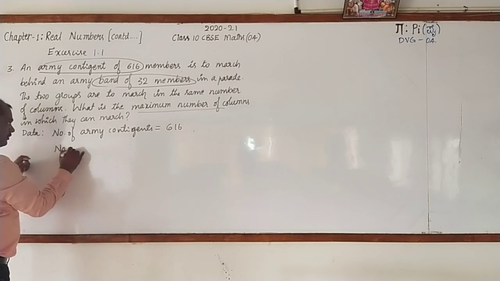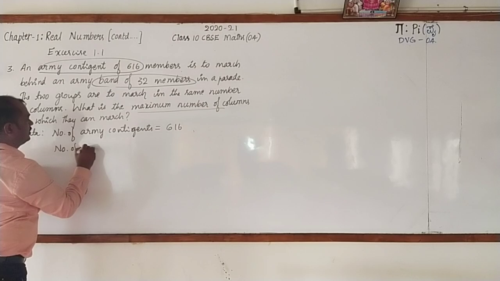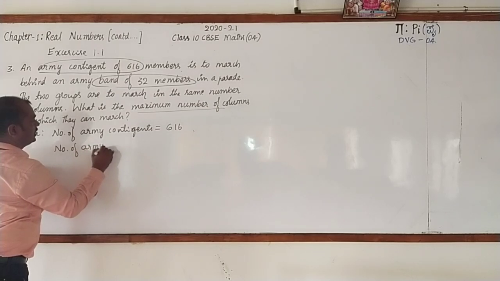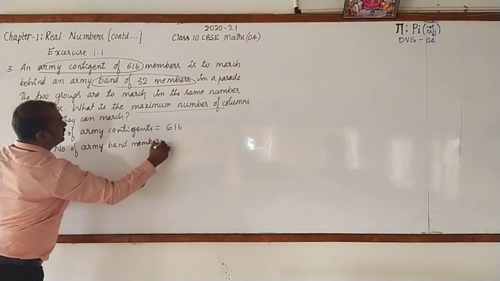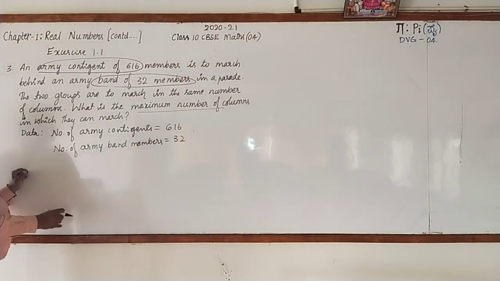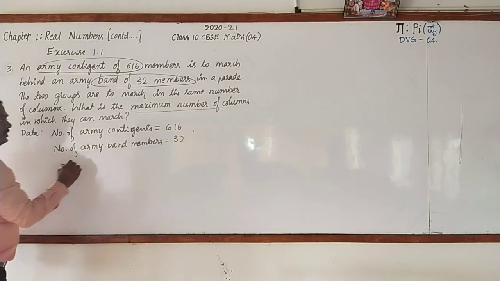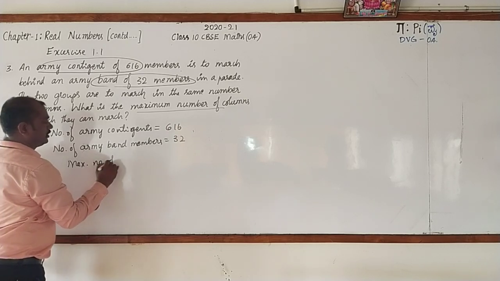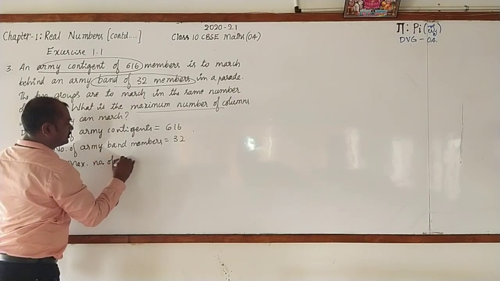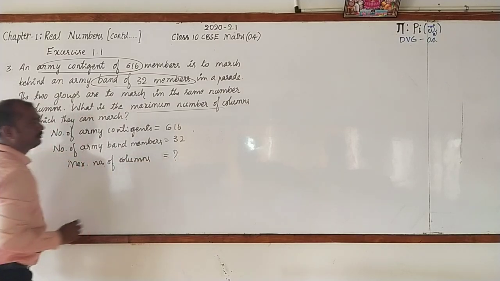So number of army band members is equal to 32. You are going to find out the maximum number of columns in which they can march.